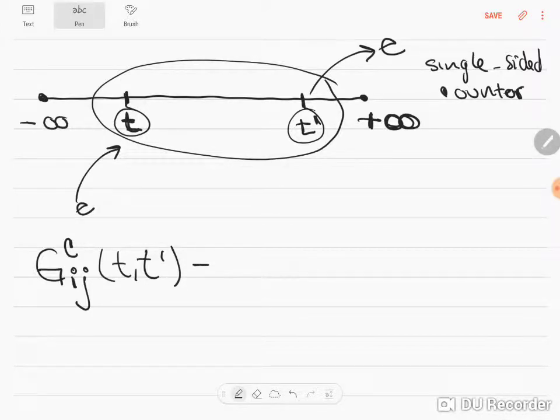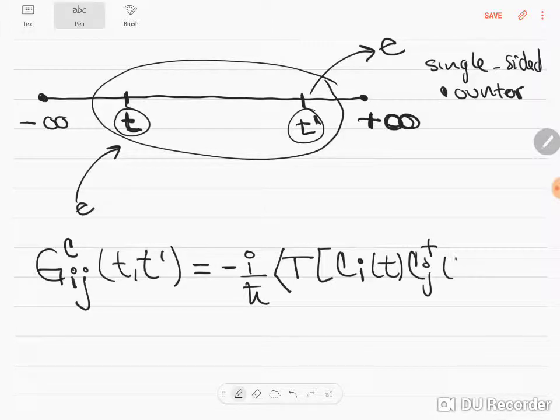The definition of that Green's function is minus i over h bar times the time-ordered expectation value of the second quantized operators c_i of t and c_j dagger of t prime.